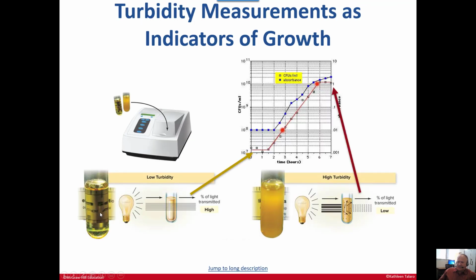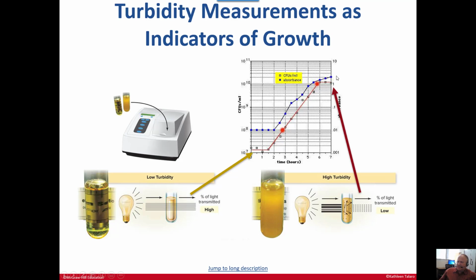You can see the 100%, where we don't see any opacity, and then how turbid that culture is when it is very high, which would block a lot of the light, so the amount of light being transmitted is very low compared to the 100% in the initial sample on the other side.